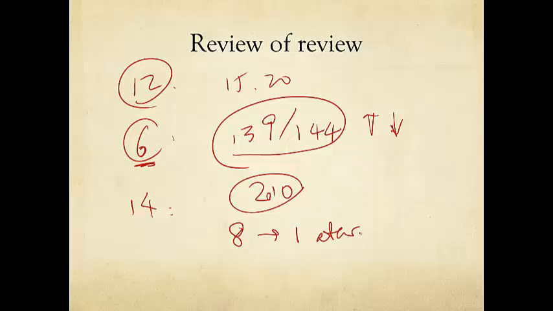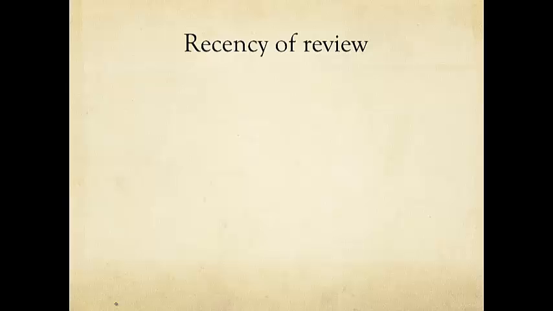So the distribution has a very negative component. And the review text says that the TV actually stopped working after a few months. For an electronic product, that's a major complaint. So by looking at the quality of the reviews in different ways, we see why 12 and 6 are ranked where they are and why 14 is ranked where it is.